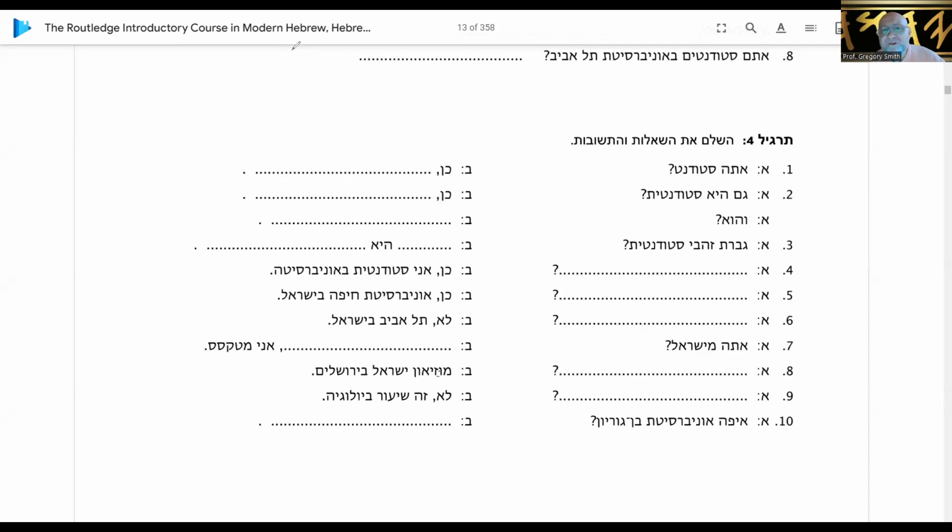All right, so let's see, number 7. We've got "Ata Yisrael," are you in Israel? If I were to answer this myself, I would say lo. Actually, I was spelling lo wrong the whole time. I was putting this like this. That's not right. It's lo with an aleph, okay, guys? Because there would be a holem there if you had pointing.